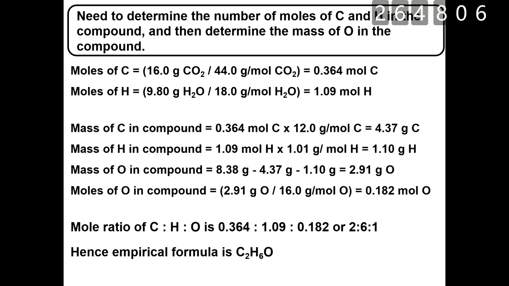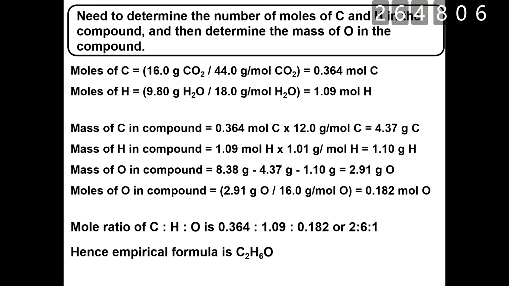Let me see. Oh, here should be times 2, because this is mass. This is the mass of water, and this is the molar mass. So we get the molar mass of water, right?